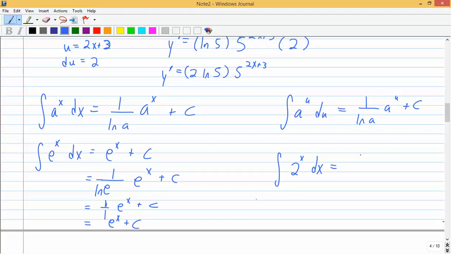So what's your constant that goes in front? 1 over natural log of 2, and then 2 to the x plus c. You can write your 2 to the x in the numerator, but it's acceptable to leave your answer just like that. They're almost the same thing as e to the x, except for the natural log part.